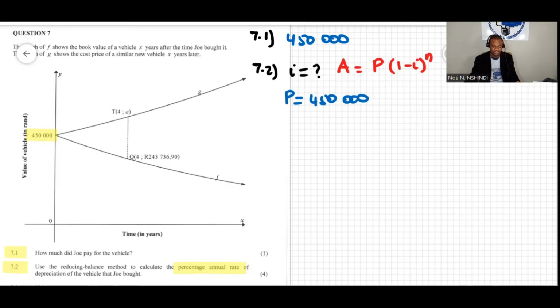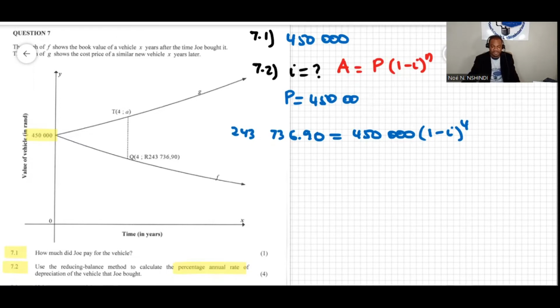So now I am going to substitute A by 243,736.90, equal to the principal 450,000, times 1 minus I to the power of 4, because after 4 years.